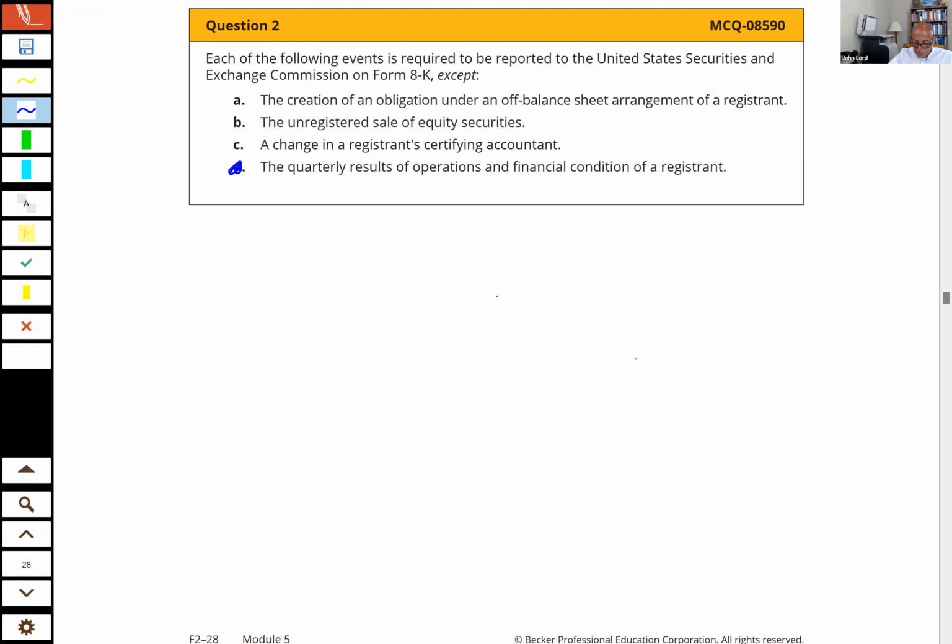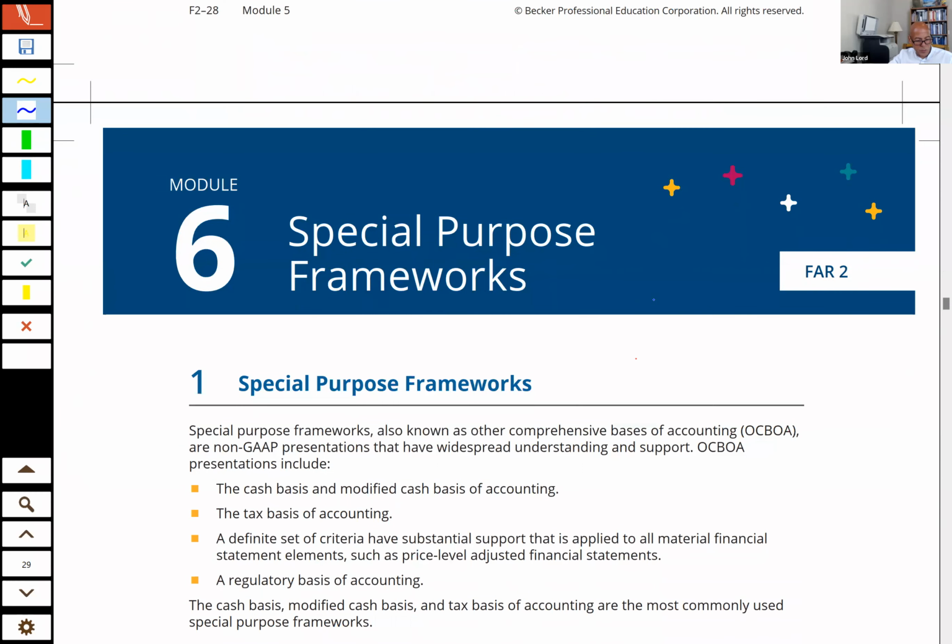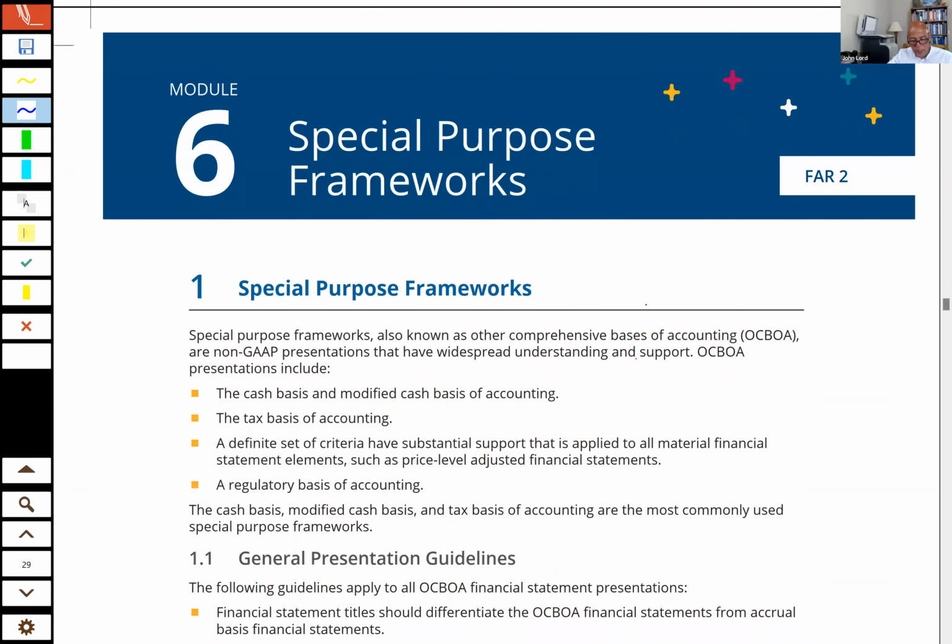Okay, good. Now, the thing I'm going to do, I don't want to get into the special purpose framework stuff right now because we need more time than the 15 minutes we have left. And this is going to encompass the conversion of cash statements to accrual and the accrual to cash, which is a heavy area, and we're late in the class.